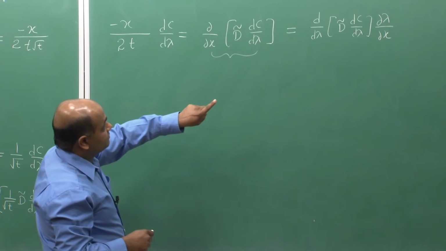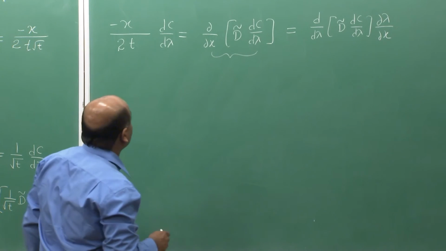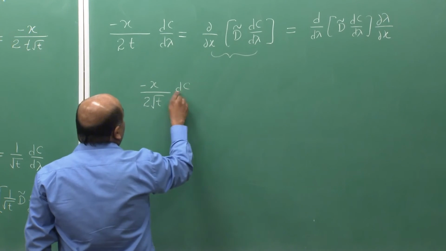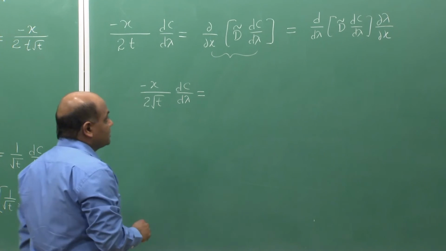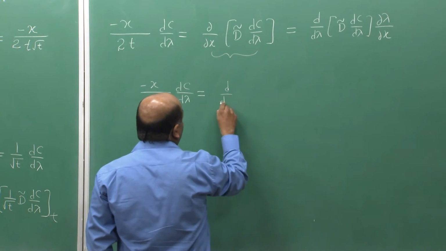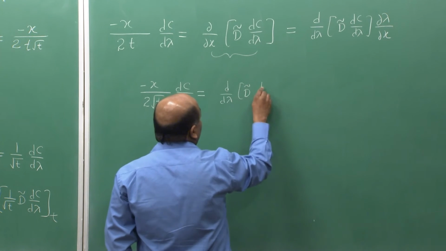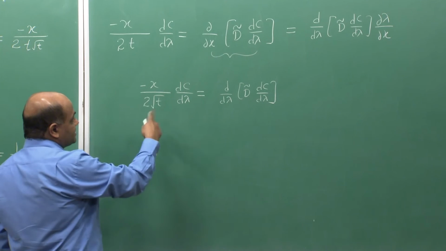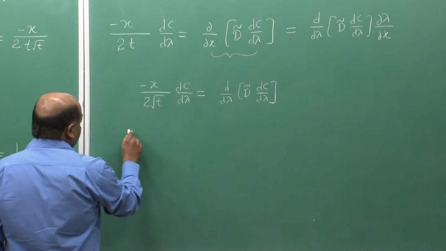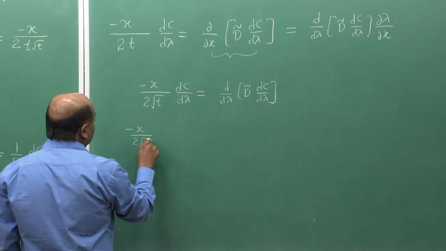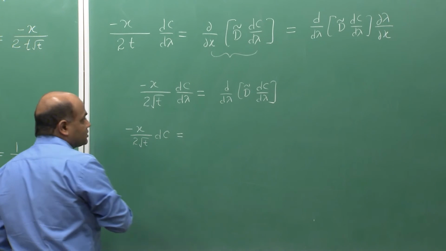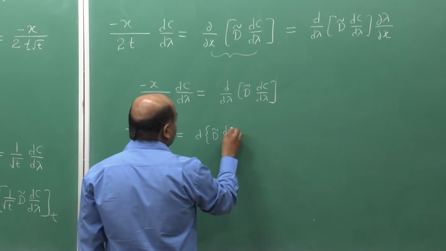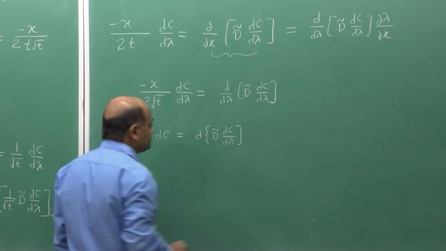So, if we substitute for ∂λ/∂x, we get minus x over 2 root t dc/dλ should be equal to d/dλ of D tilde times dc/dλ, and if you multiply both sides by dλ, we end up getting minus x over 2 root t dc should be equal to d of D tilde dc/dλ.